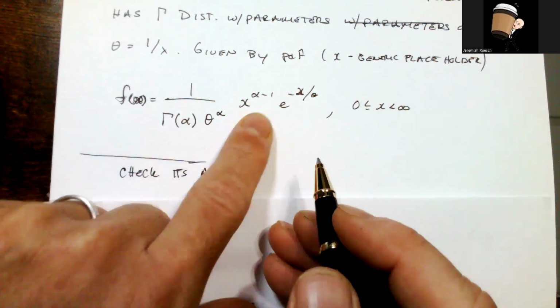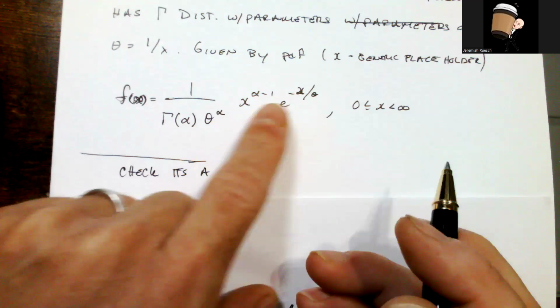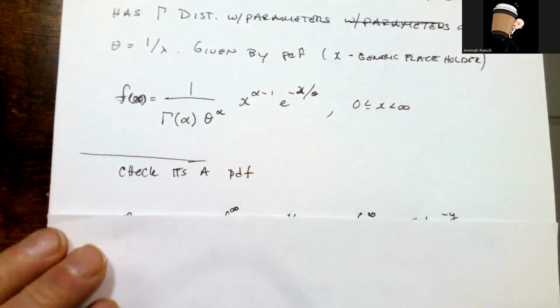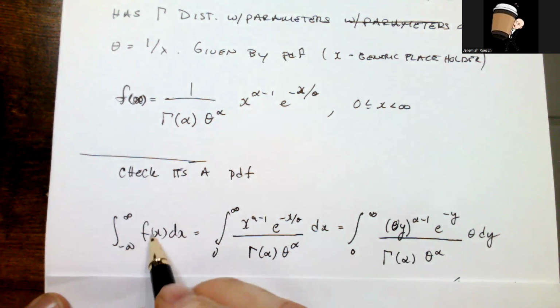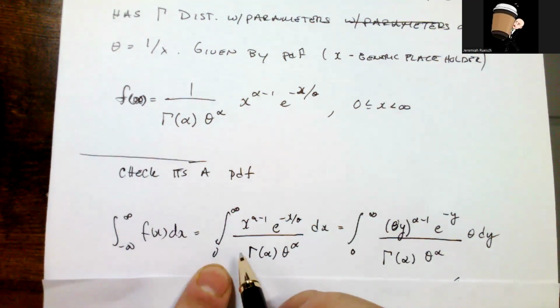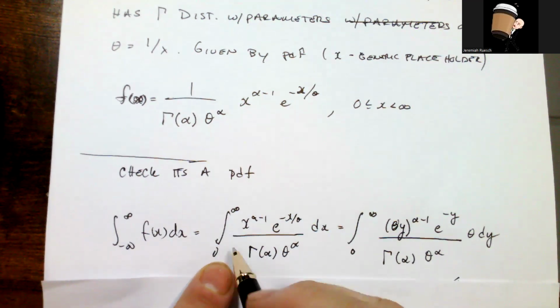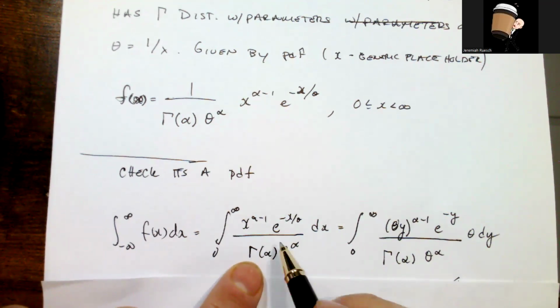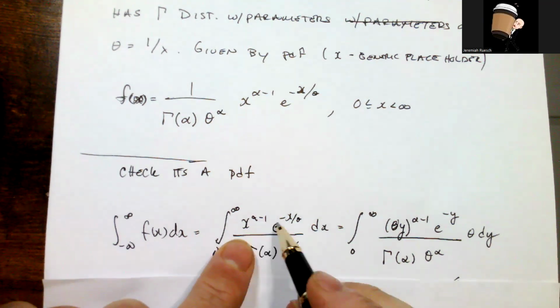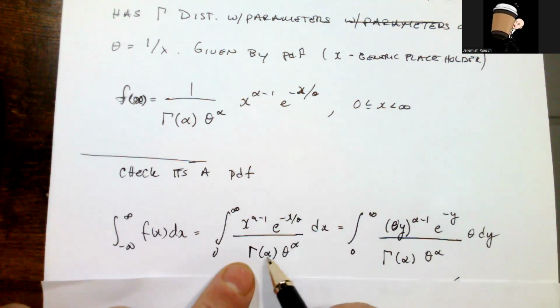So first of all, note that f of x is definitely positive. And if we consider the integral over all space, since the distribution is 0 when x is less than 0, we only need the integral from 0 to infinity of x to the alpha minus 1, e to the negative x over theta.